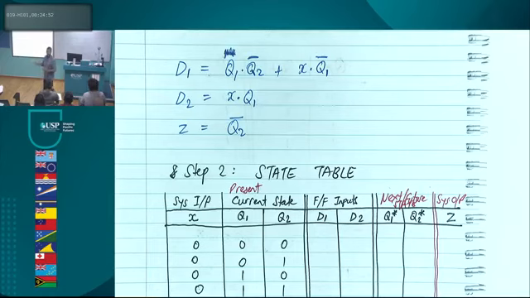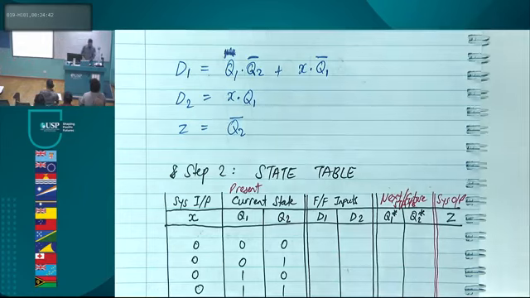It is equation driven. Yes. So if you look at it, these 3 are equation driven: D1, D2, and Z.